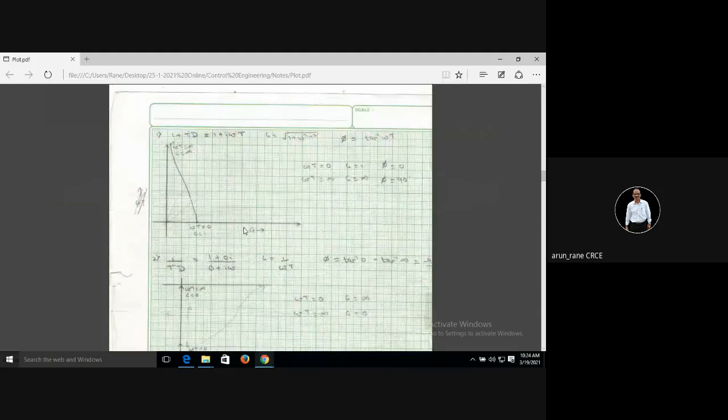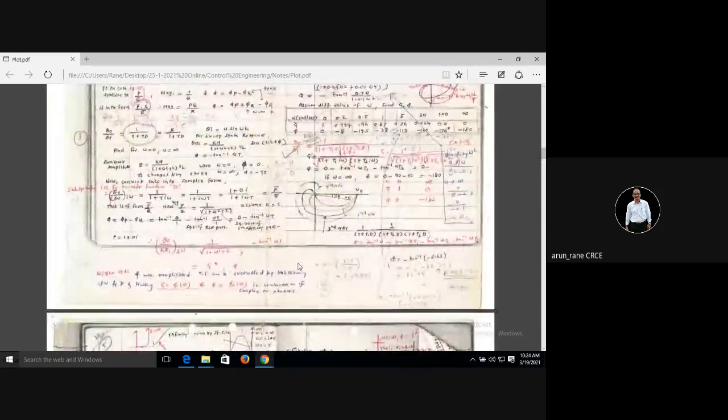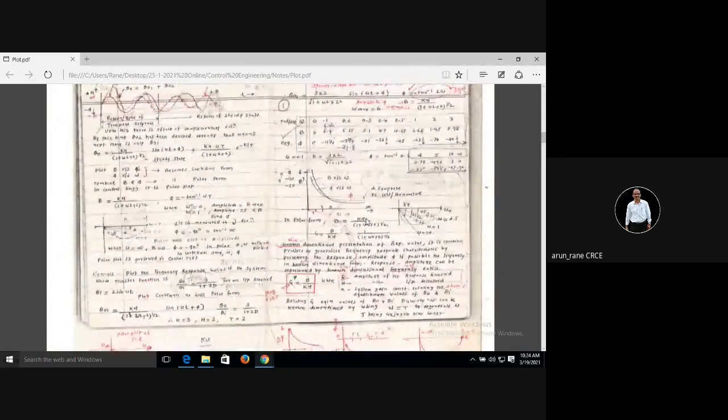Now, how to get the equations? So now this is something related to your vector diagram or phasor diagram, which is again very simple. Like, say this is a point.